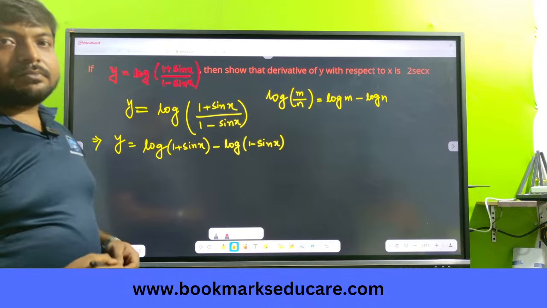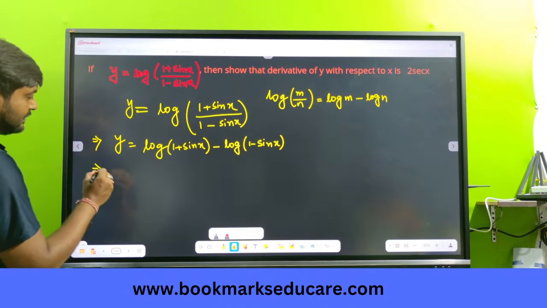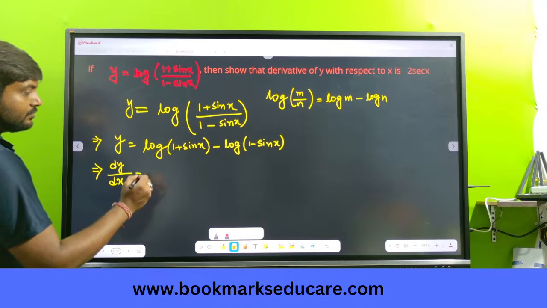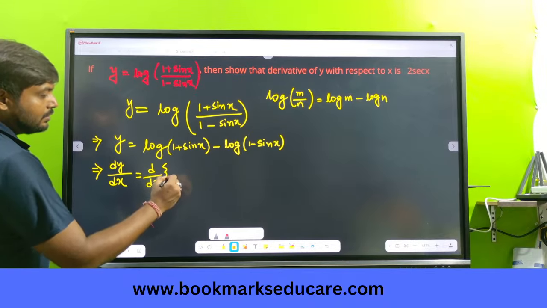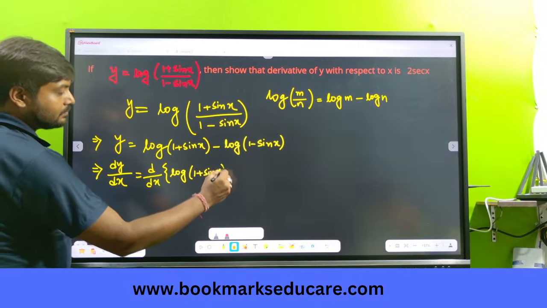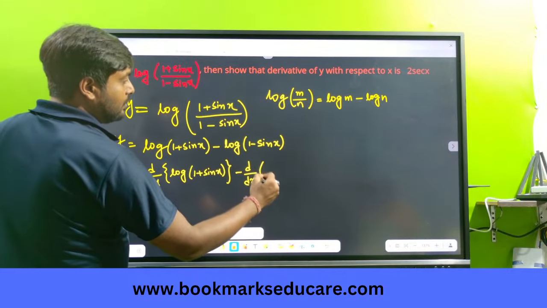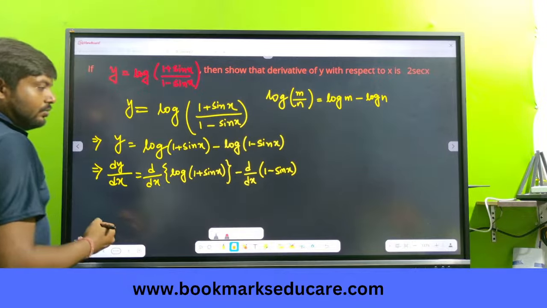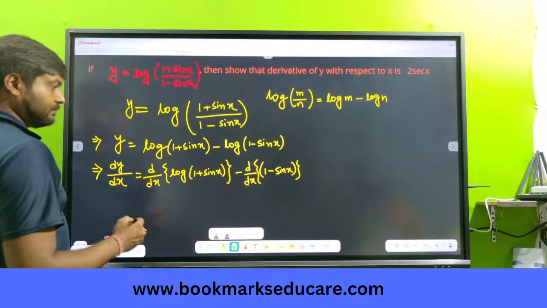Now we will perform differentiation on this sum. So dy by dx equals d/dx of log(1 plus sin x) minus d/dx of log(1 minus sin x). We will again apply the chain rule on this sum.